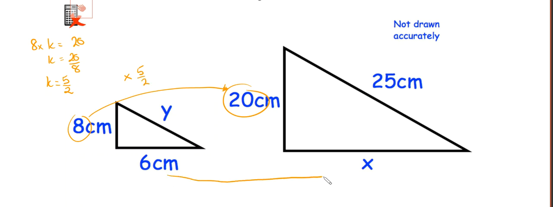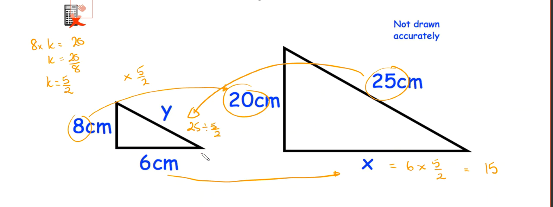Which means 6 times 5 divided by 2 is 15. Oh, it's right. It's right. All right. 25 divided by 5 over 2. Well, that's the same as doing 5 times 2 over 5, which is 10.